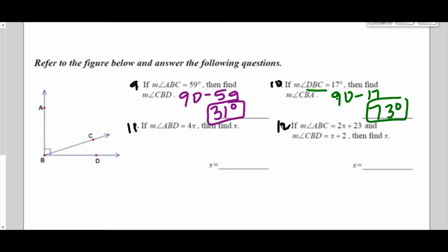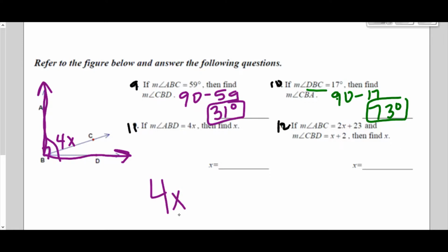11. So if the measure of angle ABD is 4x, then find x. So here's ABD. And they're telling us ABD is 4x. So this whole angle is 4x. But we know that this is a right angle.